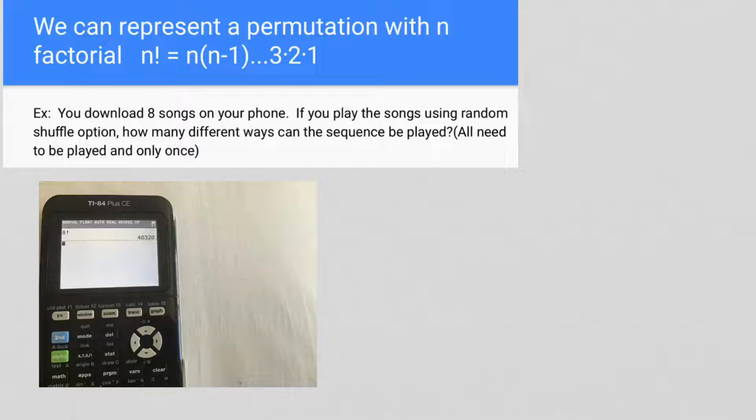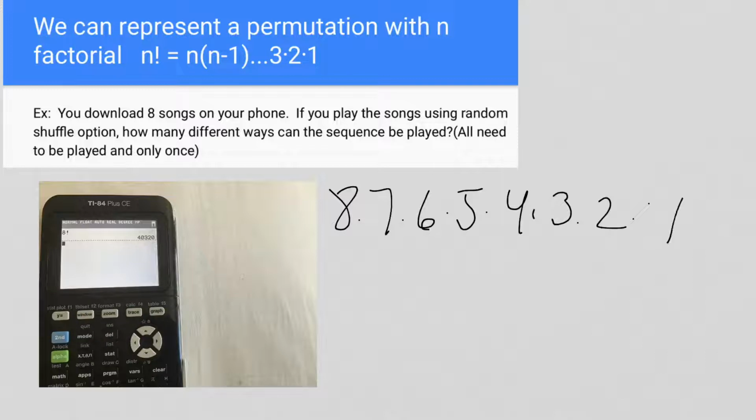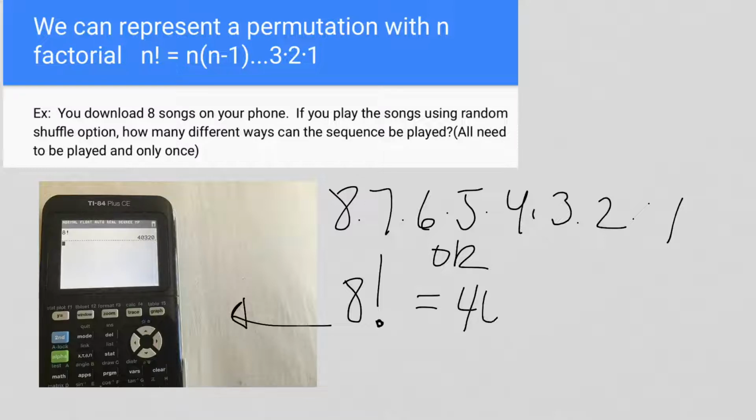Well, that's 8 times 7 times 6 times 5 times 4 times 3 times 2 times 1. Or simplified version is 8 factorial. Again, if I do it in the calculator, math over to prob down to number 4, I get 40,320 ways to play songs at random.